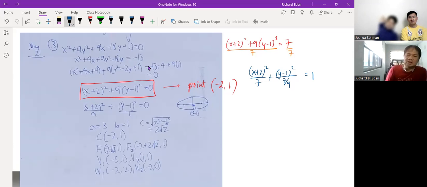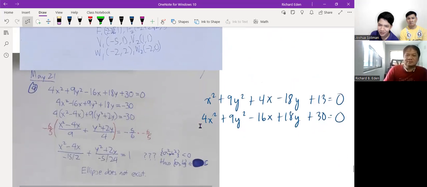All right. But then this analysis involving a squared and b squared would be possible if the right side can be turned into the constant 1, which is not possible in this case because the right side is 0. Okay, and then yes, the ellipse does not exist here.